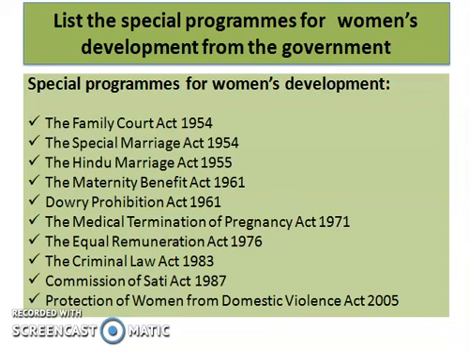The Government of India has provided some special acts or programs for women's development, and these programs are the Family Court Act 1954, the Special Marriage Act 1954, the Hindu Marriage Act 1955, the Maternity Benefit Act 1961, Dowry Prohibition Act 1961, the Medical Termination of Pregnancy Act 1971, the Equal Remuneration Act 1976, the Criminal Law Act 1983, Commission of Sati Act 1987, and Protection of Women from Domestic Violence Act 2005.